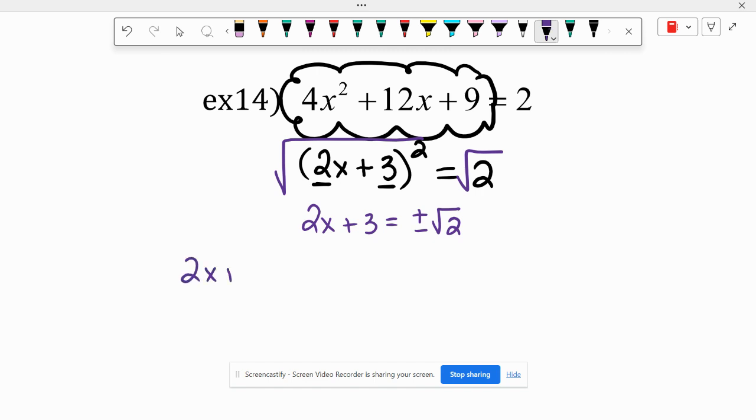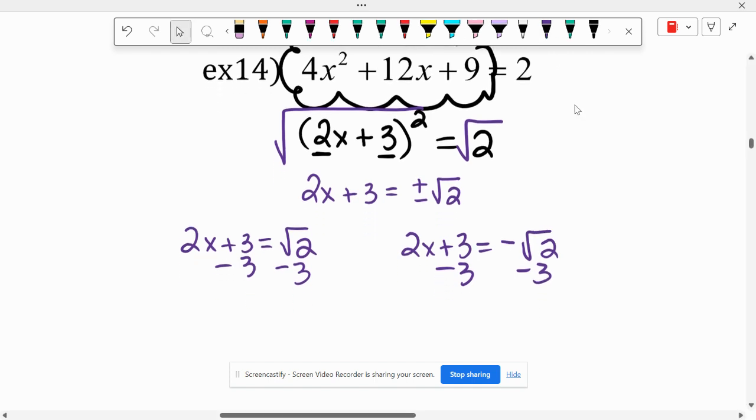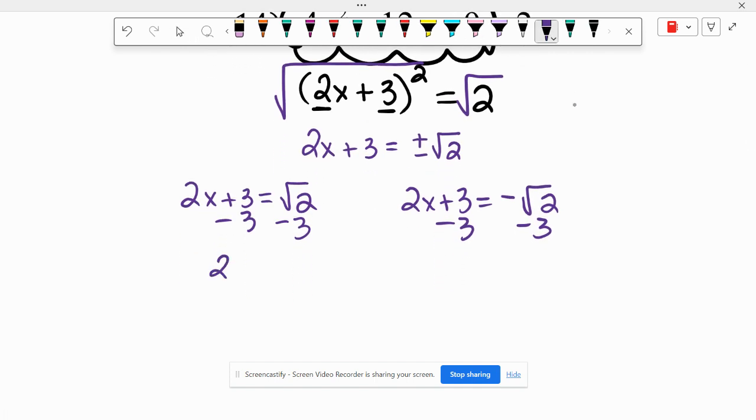I'm going to subtract 3 from both sides. And when I do that, I find out that 2x equals negative 3 plus the square root of 2, and 2x equals negative 3 minus the square root of 2.